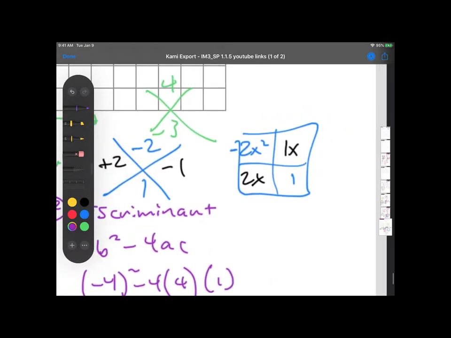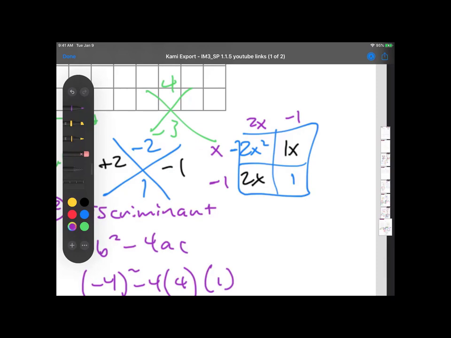Let's find the greatest common factor. This one will be 2x. Let's put this one as negative x. And this will be a negative 1. This will work. Negative 1. It's a positive 2x. Let's change this and see what happens.